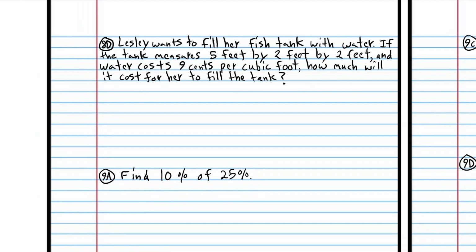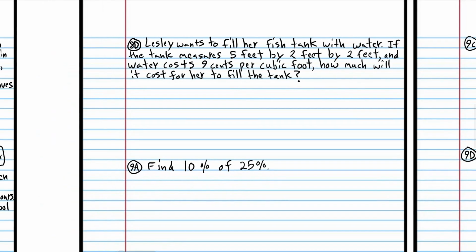All right, we're back. So first we have to find the volume of the tank. Again, if you don't remember this formula, you do now because I just showed it to you. So volume is 10, that'll be 20 cubic feet.